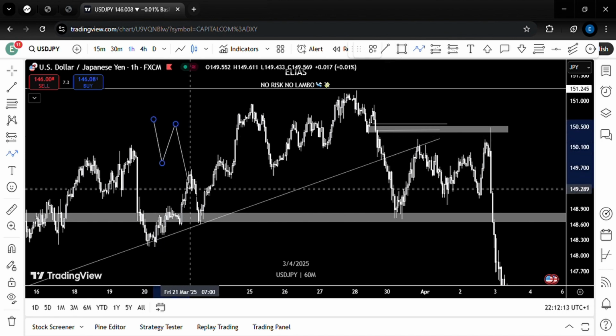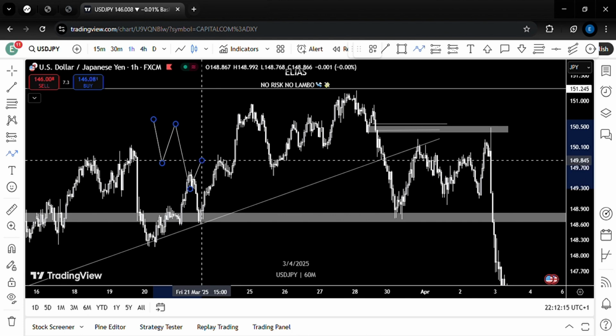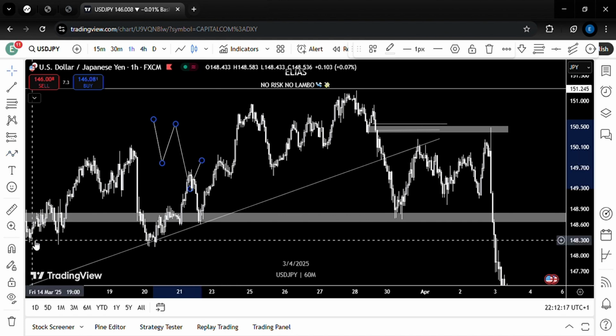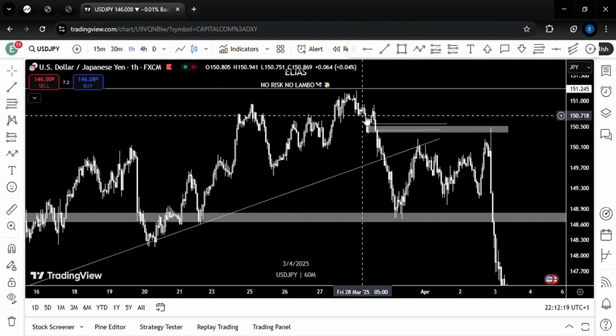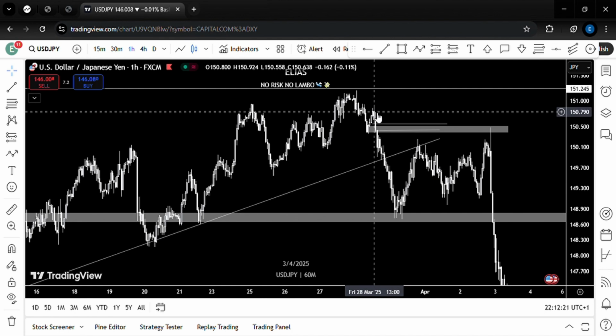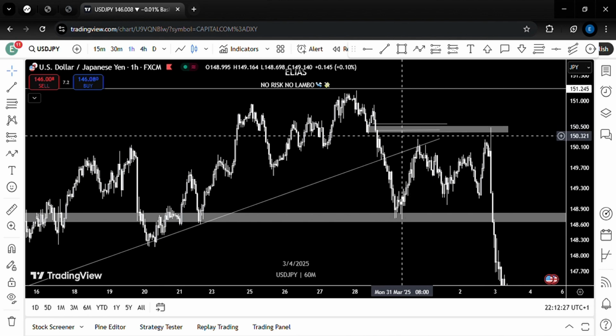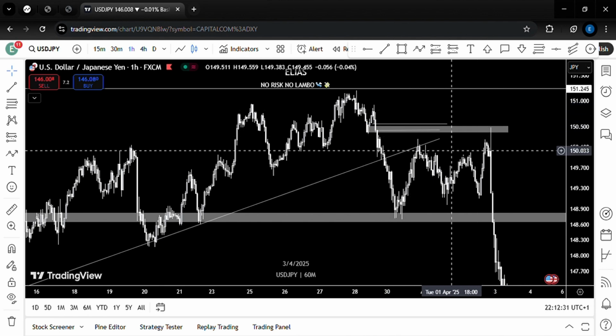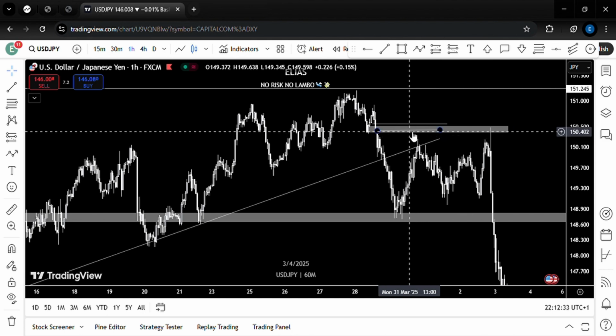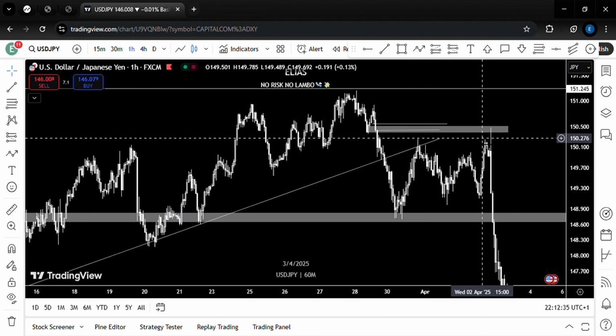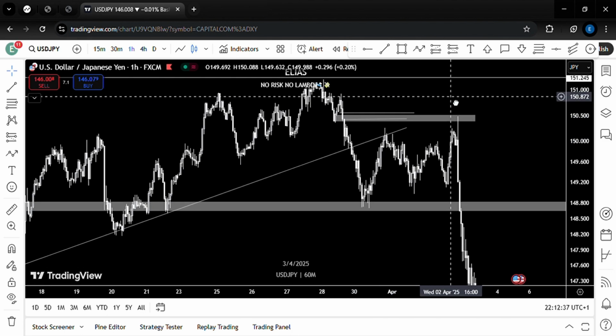Price broke here and didn't come back to retest this low, which is another confirmation that price will definitely come back to this zone before going down.